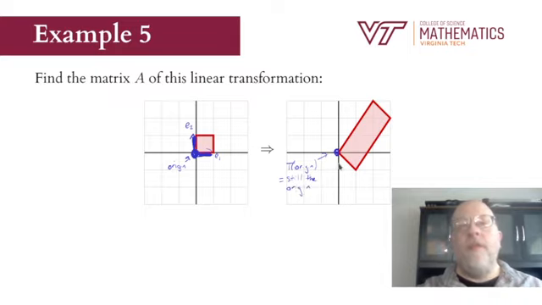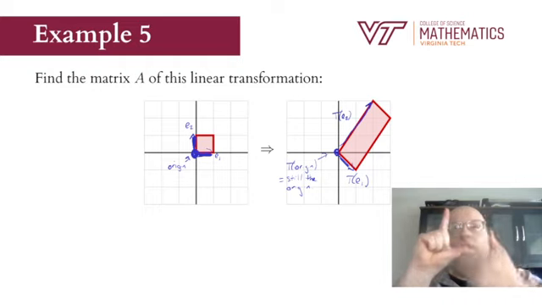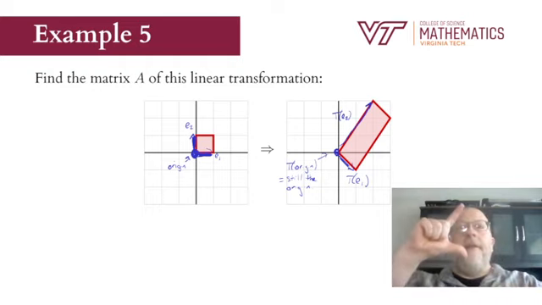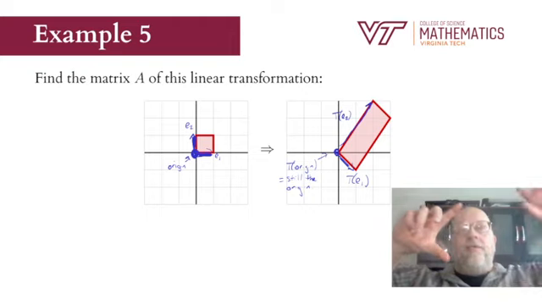And E1 and E2 then have to be these two sides of the quadrilateral. This is now the transformed version of E1, and this is now the transformed version of E2. So our transformation has taken these two standard vectors, E1 and E2, and rotated them, but stretched out E2 by quite a bit. So it's sort of a rotate and a stretch.